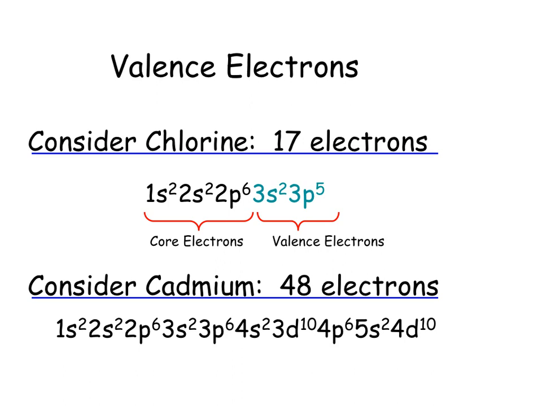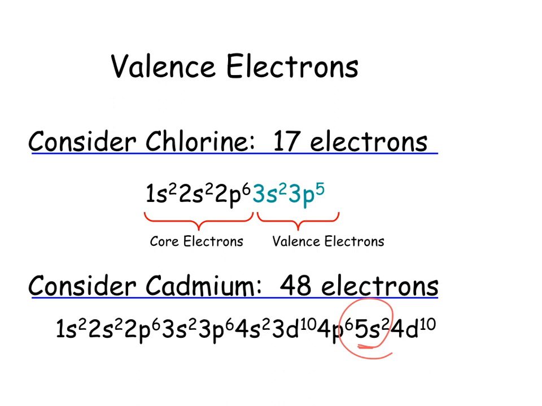Let's look at a different element like cadmium. Here we have its electron configuration. What would be the valence shell here? You've got to scan through and try to find the highest principal quantum number, the large number before the letters. In this case, it's going to be 5. 5s2 is my valence shell, which means that in this case, the atom wants to actually lose.